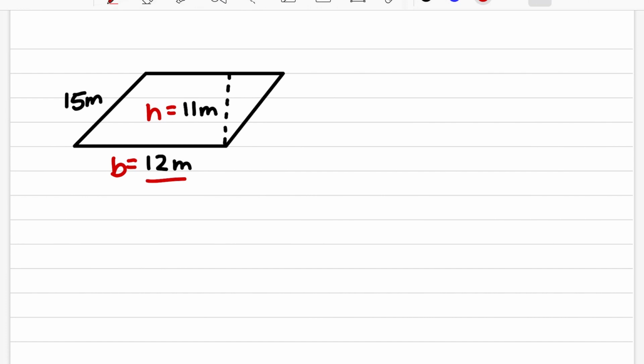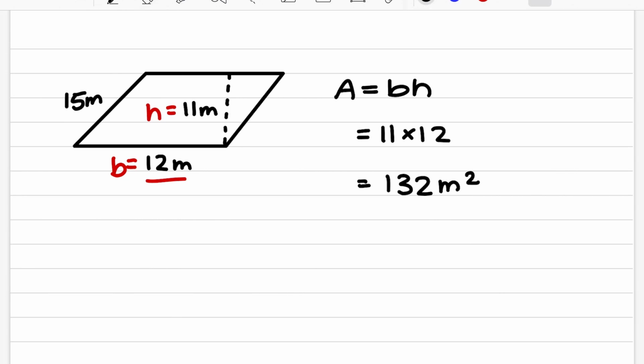We don't need that 15 right now. So we can use that formula, area equals base times height, 11 times 12. You can do that on your calculator if you need to, to get 132 meters squared, because it is an area. This is meters times meters will give us meters squared.